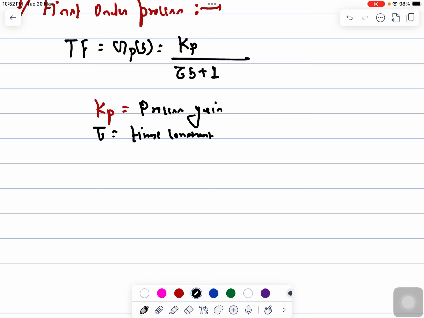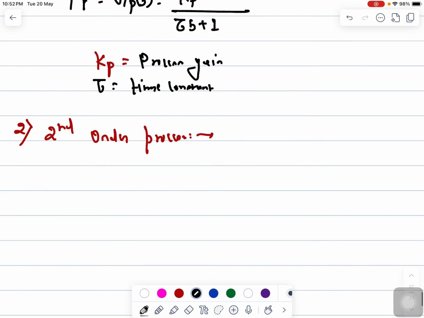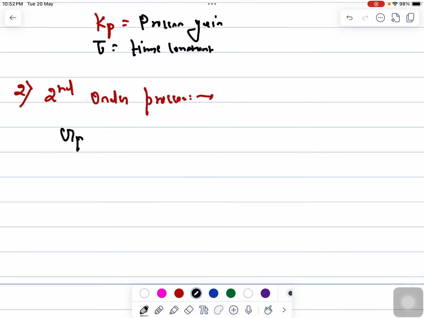Second, if I am talking about a second order process, it can be written in two ways. First, G(s) can be written as Kp divided by tau square s square plus 2 zeta tau s plus 1.